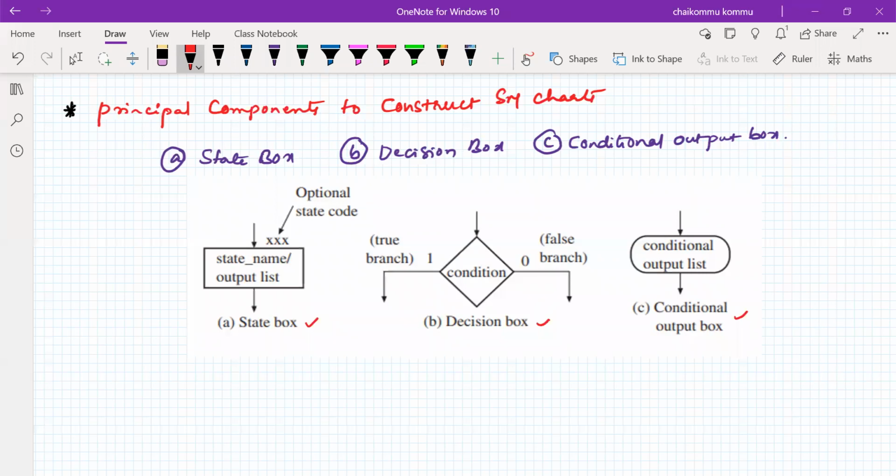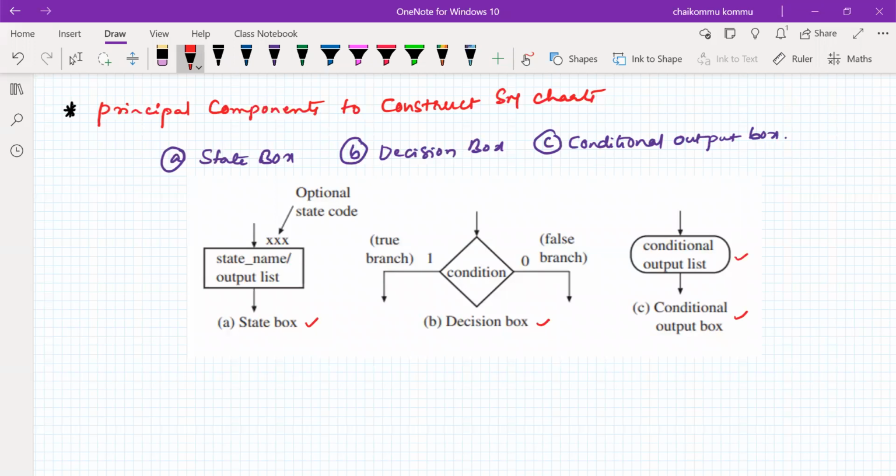Next, the decision box says where to go at the next level if the condition is true, and where to go if the condition is false. And the conditional output box means that when the condition is true, this particular output has to be produced. If the condition is false, there may also be an output produced. So depending upon the condition, we have defined the output.